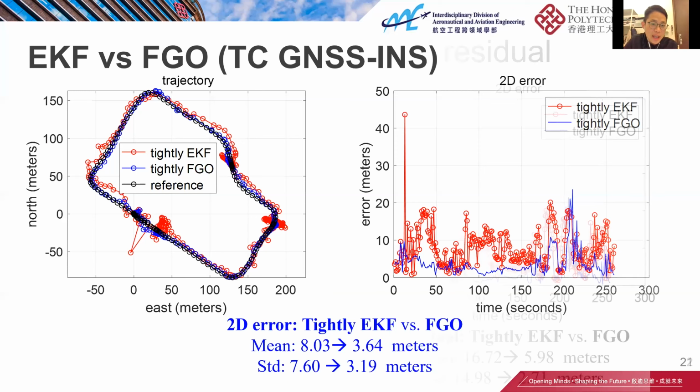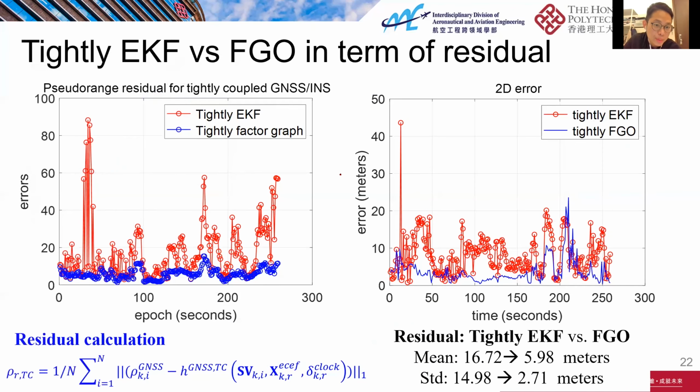Again, let's look at the residual here, because we're doing tightly coupled. The residual here is in the pseudorange domain. The estimation can be either by FGO or by EKF, and you can calculate the pseudorange residual.